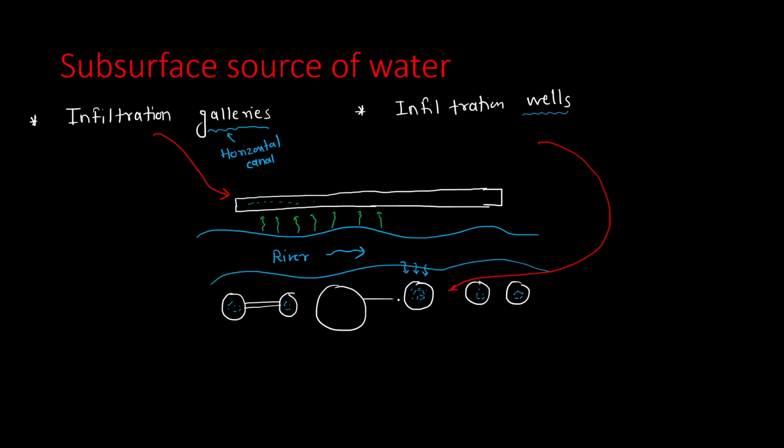You can see now these wells are connected to each other by using conduits. There will be one well having the largest capacity from where the water will be taken out. Not all the water will be taken out from these small infiltration wells. So the main well from where the water will be taken out is called a jack well, and all the pumps collect the water from this jack well.